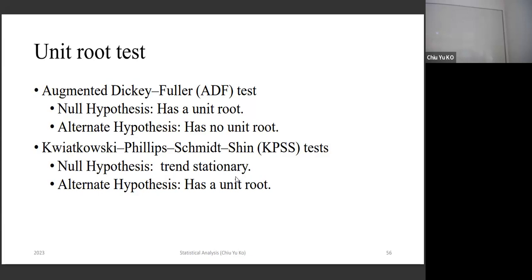Do note that these 2 tests have a funny thing: they are reverse. For the ADF test, the Augmented Dickey-Fuller test, you want to reject the null. If you do, then you're happy, you're done. For the other one, KPSS, you don't want to reject it.